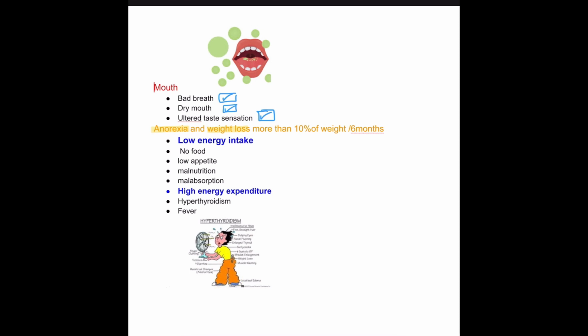If the patient loses more than 10% of their weight over the past 6 months, you should consider reduced energy intake from dieting, loss of appetite, malabsorption, and malnutrition. Other diagnoses may be increased energy expenditure, like in hyperthyroidism.